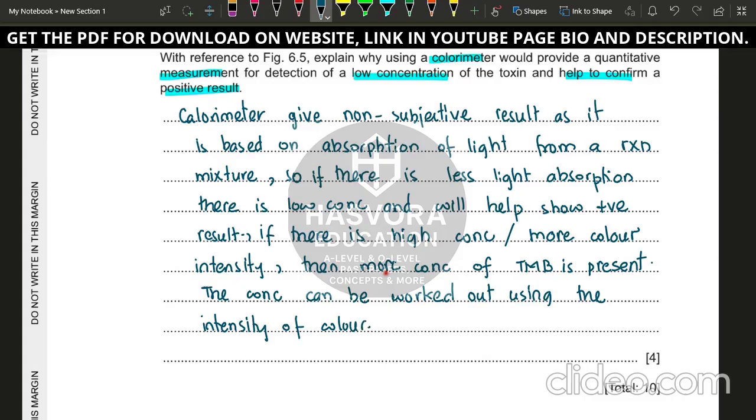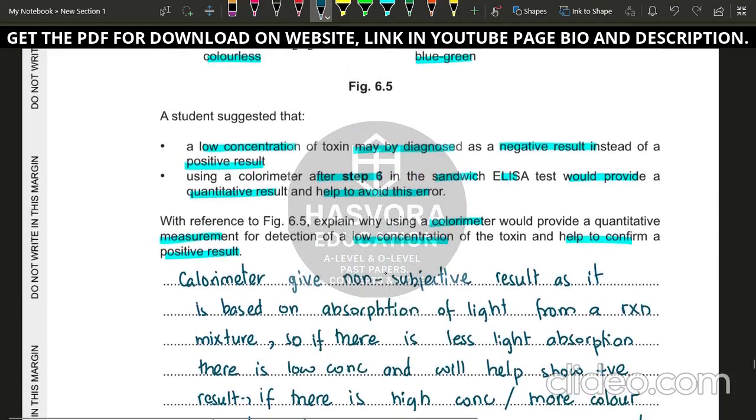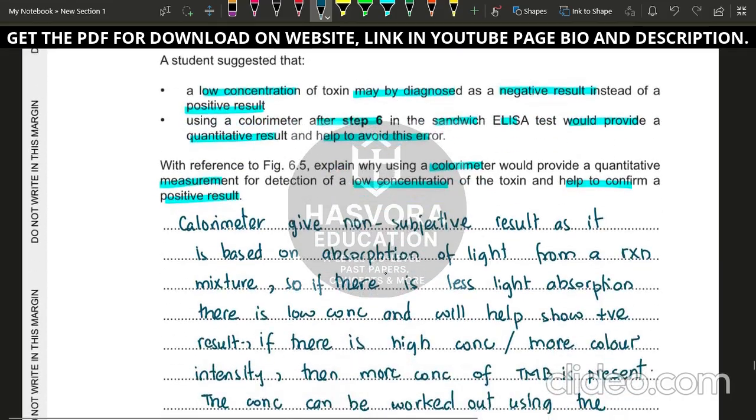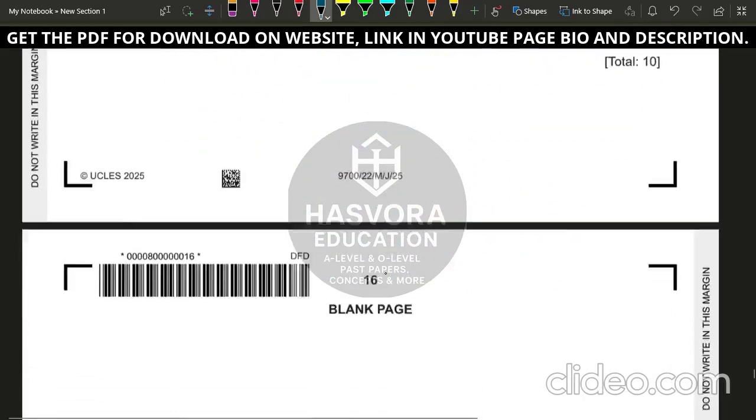Okay, so that's how it is going to be telling you about the concentration of the TMB present and how much the result is towards the positive end. Okay, so if there is no concentration, there is going to be no absorption of light, and the colorimeter will give you that there is no concentration of TMB present.